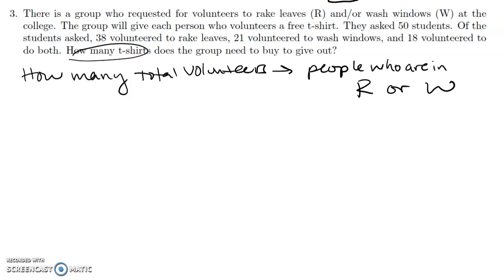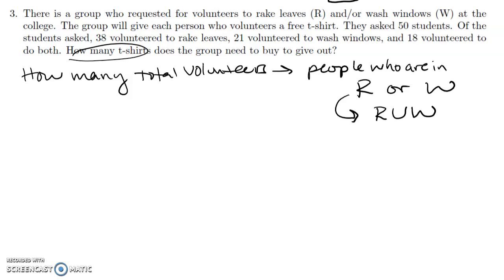The people who either rake leaves or wash windows, which does include both, but we're putting those together. Remember, if you're in one or the other, then you're really in the union. So we're really looking for R union W.